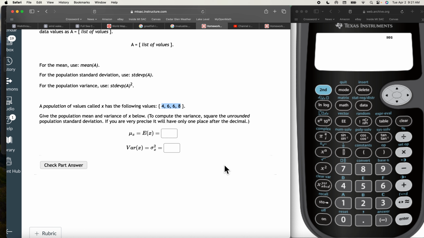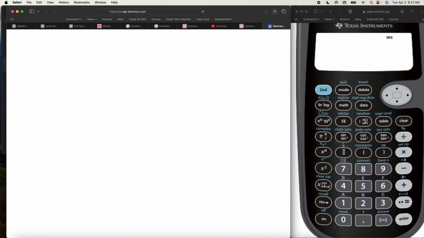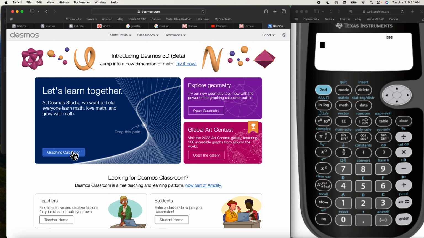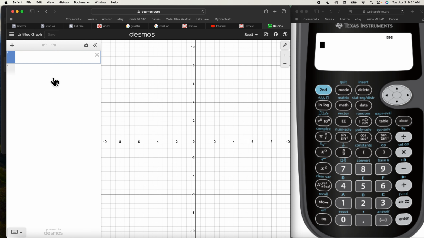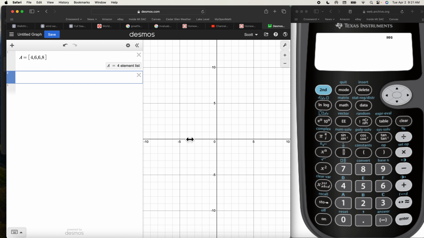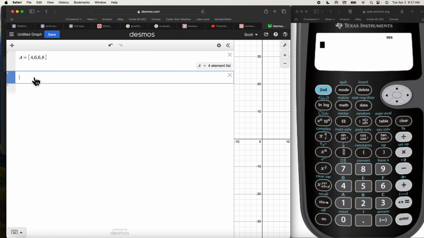So I'm just going to copy these and open up a window for Desmos. And we'll again put the list of values in A with square brackets like that. I think I can see the mean is just going to be 6. But we'll go ahead and ask for it.